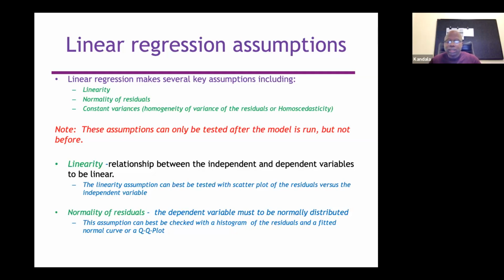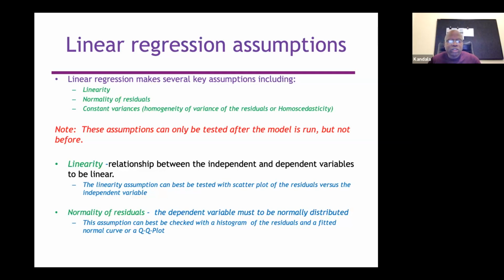You can test this in different ways, but the simple way is just to make a scatter plot of residual versus the independent variable. So you have your independent variable on the x-axis and the residual on the y-axis.